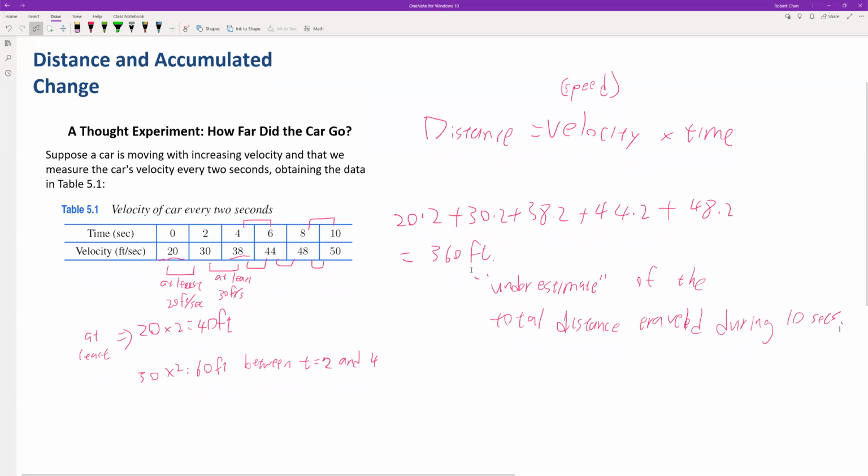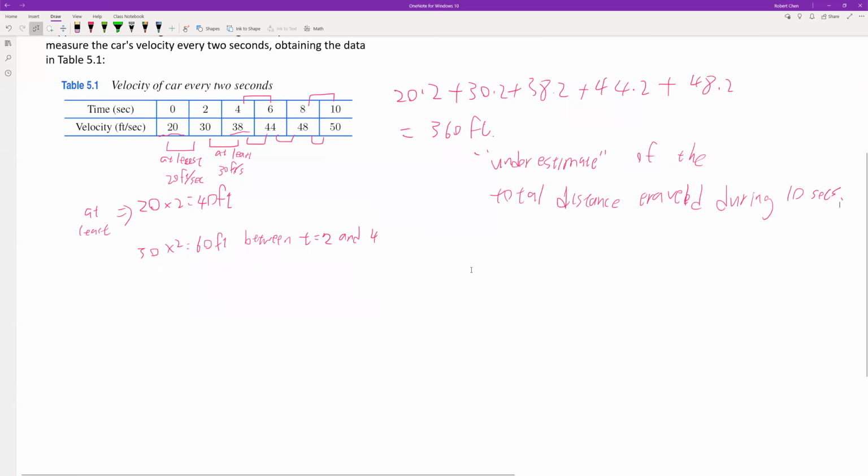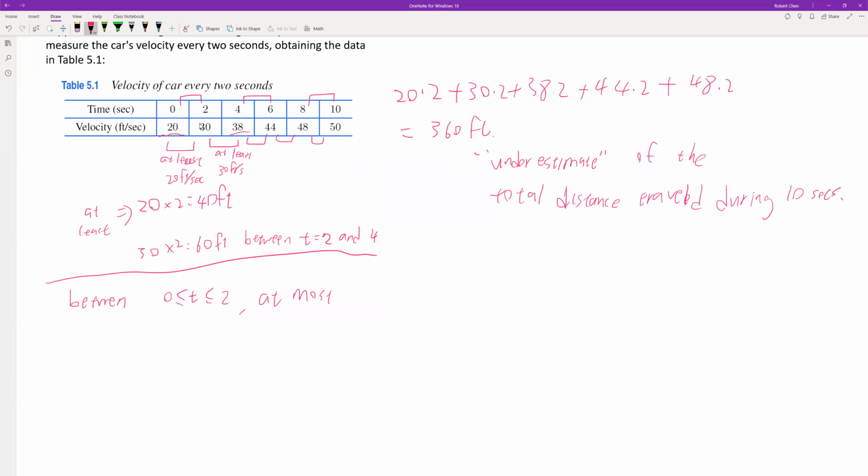Now, we can also do an overestimate, which is, let's say, between 0 and 2. We know that the car is traveling at most 30 feet per second, because the car has to increase up to 30 at time 2, and that's where we take the information.